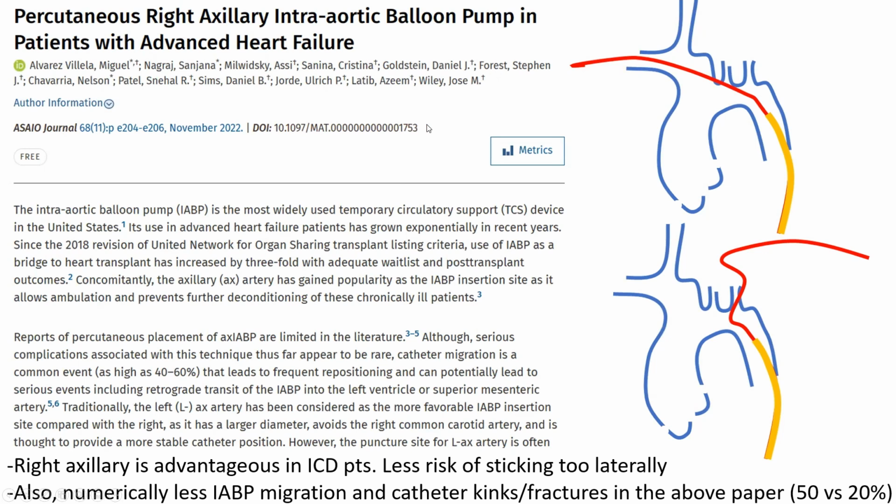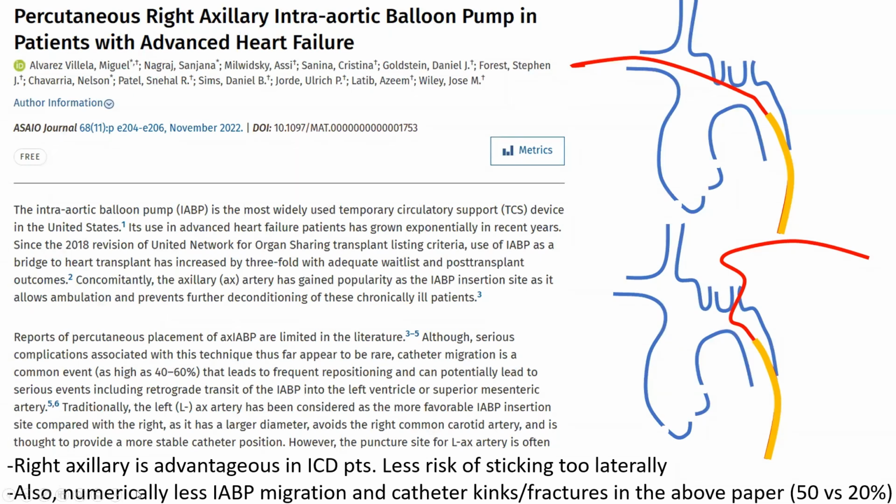Some groups have described a right axillary balloon pump. Right axillary may be advantageous in ICD patients, and they described a series of 21 patients with right axillary access. They did not have more stroke complications than left axillary balloon pump. And right axillary in those ICD patients was less risky in terms of sticking too laterally.